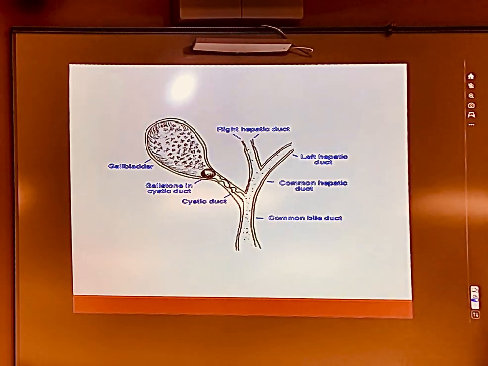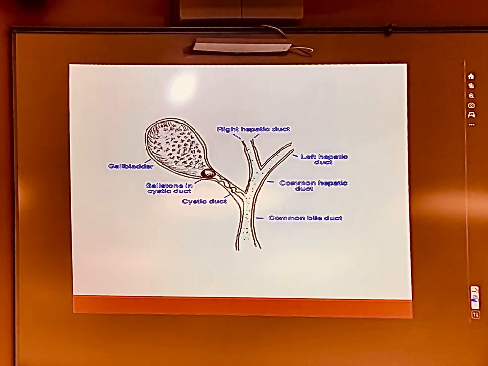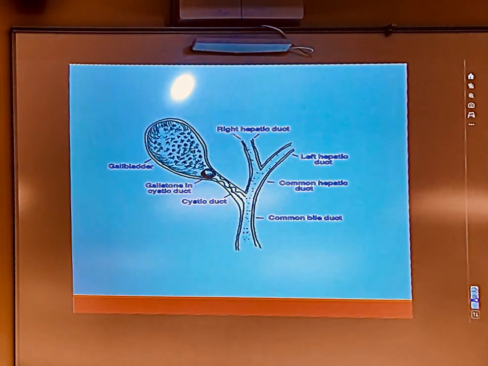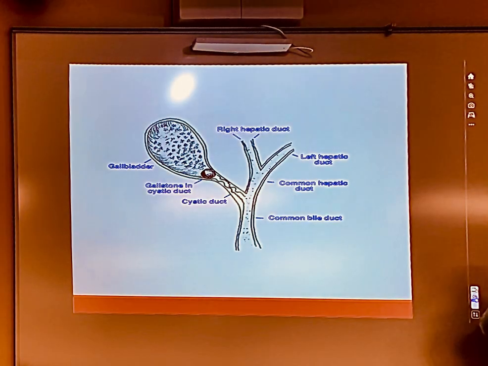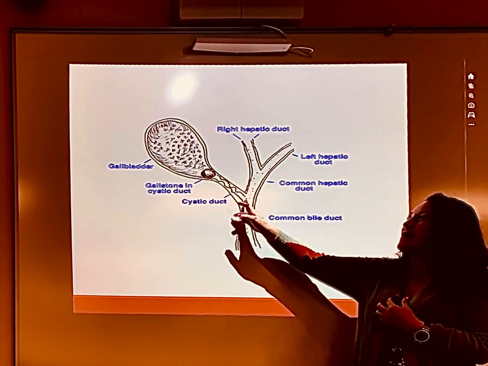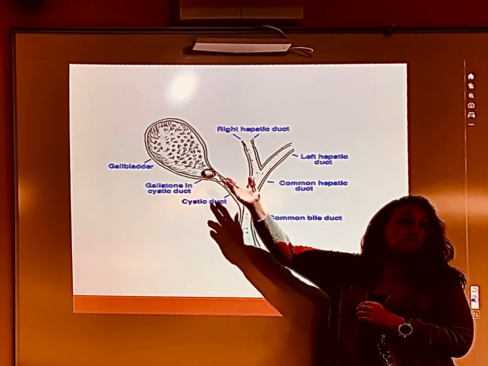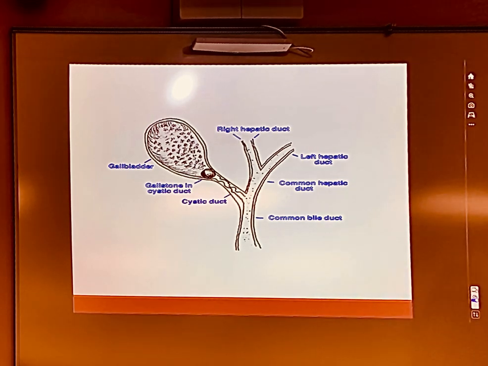What is the flow of that bile if your cystic duct is obstructed? Liver and bowel, no gallbladder, okay? Reason being, the bile can't get in, it's obstructed, it can't get up that way.